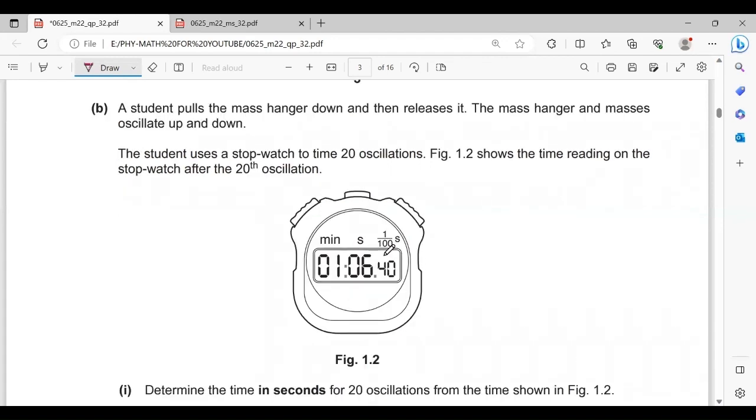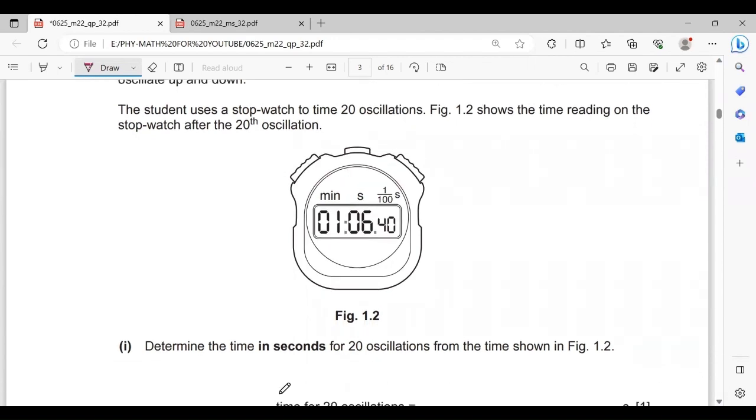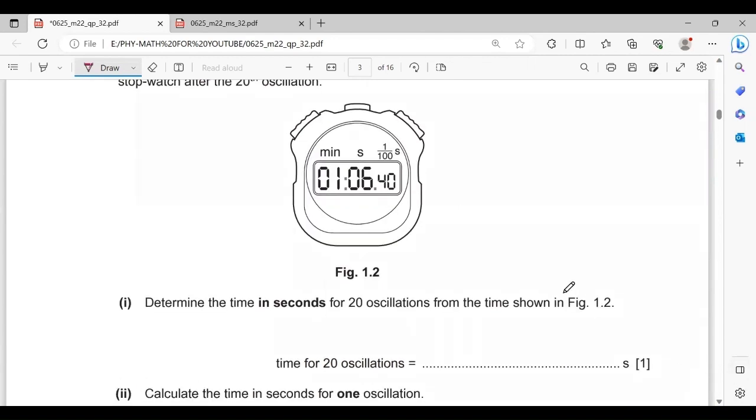This is the stopwatch. Determine the time in seconds for 20 oscillations from the time shown in figure 1.2. So for 20 oscillations, you look at this: 1 minute.